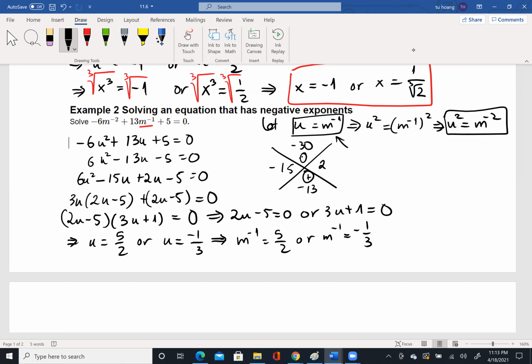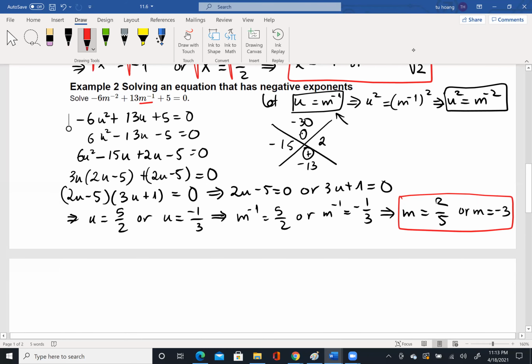Then you flip it to get m, right? So m will be equal to 2/5, or m equal to negative 3 as the answer, because the power negative 1 goes away if you flip it. Okay, so I have solved problem 2.